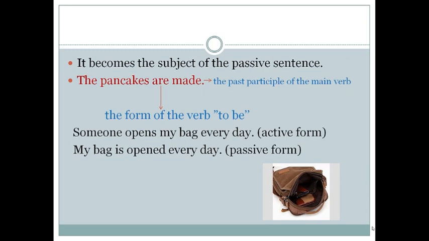The passive form. My bag is the object of an active sentence. Is is the form of the verb to be, and opened is the past participle of the main verb.